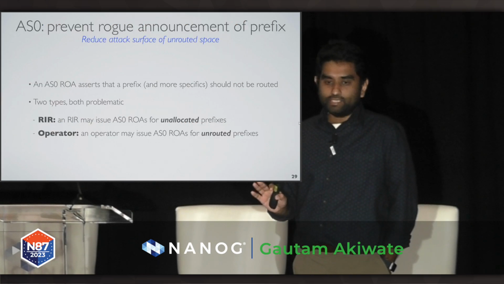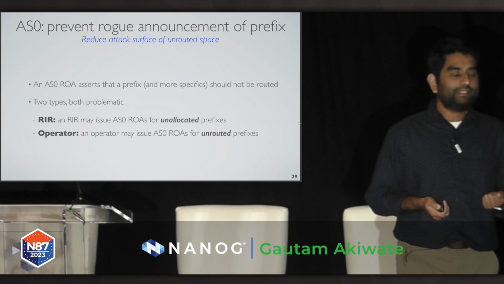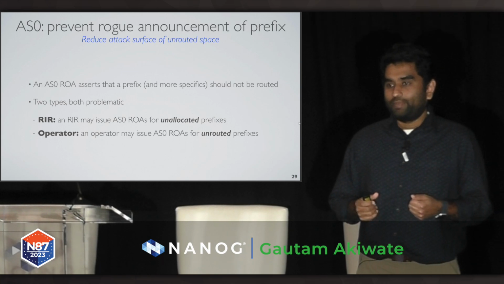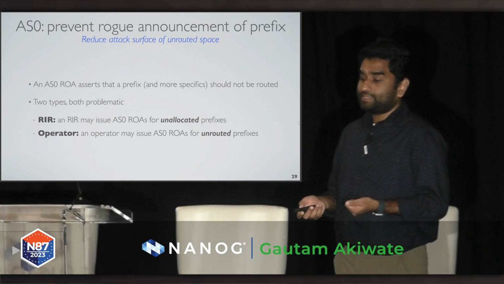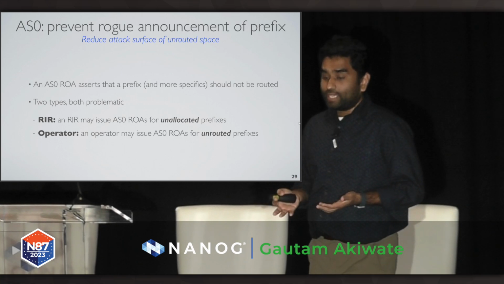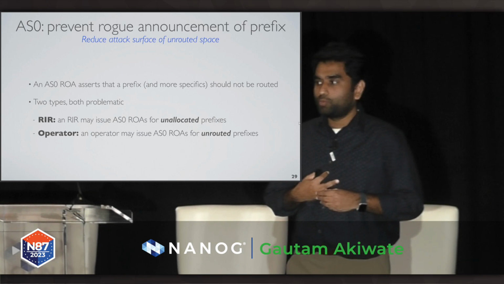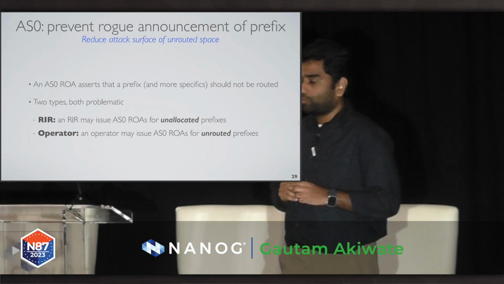Well, that's not really true, because RPKI sort of accounts for this and has an AS0 mechanism. What an AS0 ROA asserts is that this prefix should not be routed. And there are 2 types of AS0s, both of which we are told have slight issues, and we'll discuss what they are.